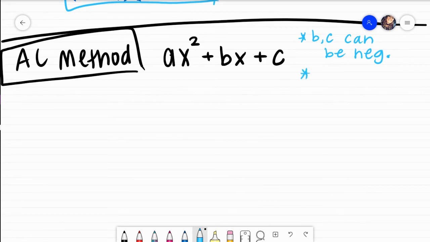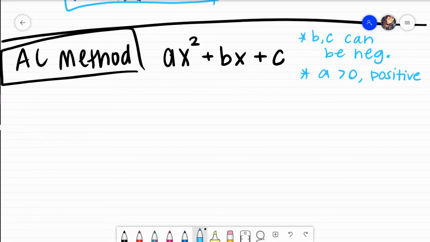Another note, this is where a is greater than 0, which means it's positive. That leading term right out there in front needs to be positive. B and C, they can be negative. It doesn't matter if they both are, if one is, or if neither is. But just keep in mind, if you see a problem and you do see some negatives, you just don't want that leading coefficient to be negative.